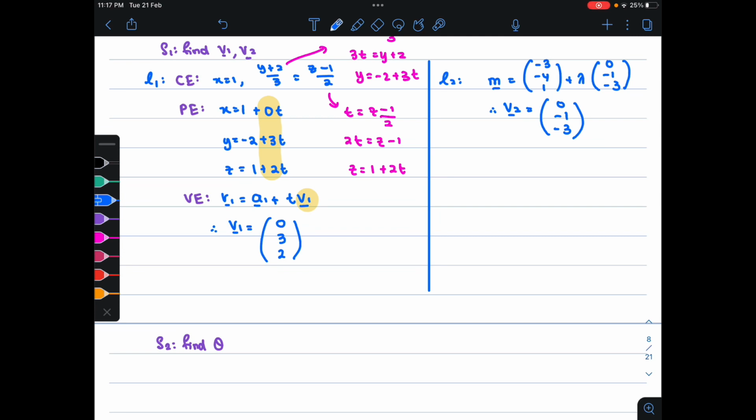The second step is to find theta by using the scalar product.